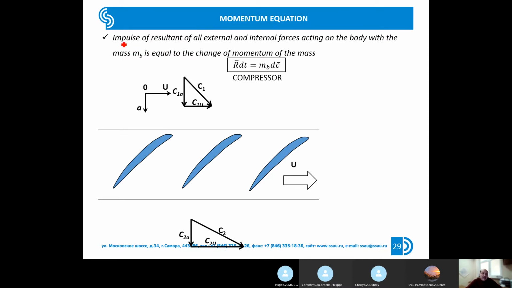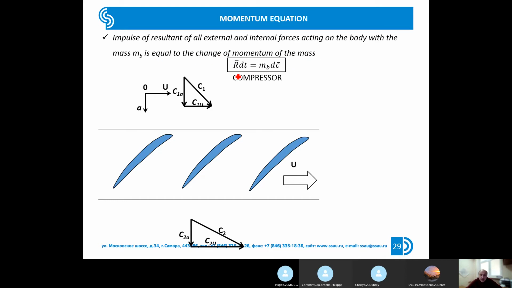From theoretical mechanics, you know the momentum equation, the momentum conservation law, and you can refresh the information from the theoretical mechanics course. It says that the impulse of external and internal forces acting on a body with mass m is equal to the change of momentum of the mass.